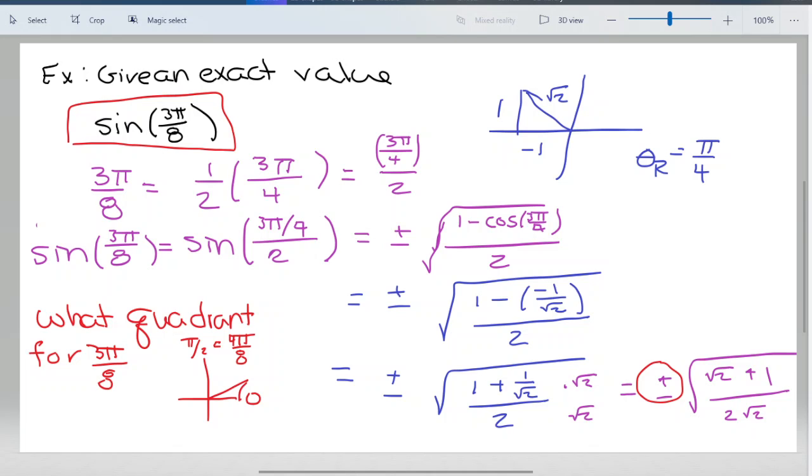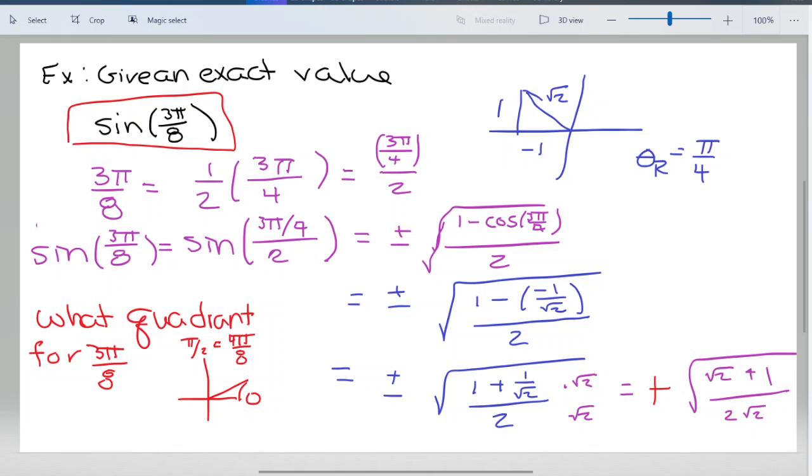If I look in the first quadrant, my sine, which is opposite over hypotenuse, is going to be positive because the opposite side is positive. That lets me know that I want to choose the positive form of this, so I'm going to put in my plus here.